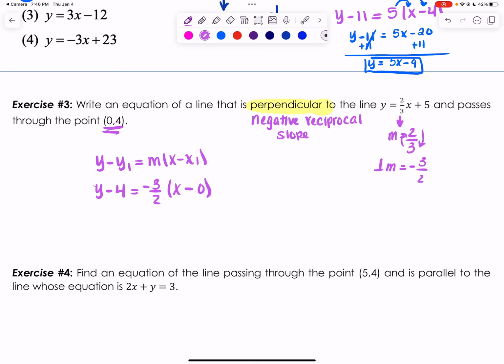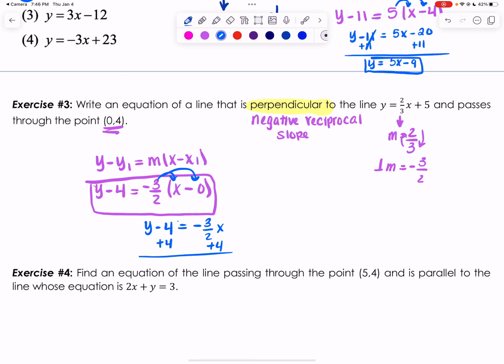So you now no longer need to write everything in slope-intercept form. You can just leave it in point slope. Now, if you want to put this in slope-intercept form, you would just distribute. So we would get y minus 4 equals -3/2 x, and then you would add 4. So basically your slope-intercept line would be -3/2x plus 4.